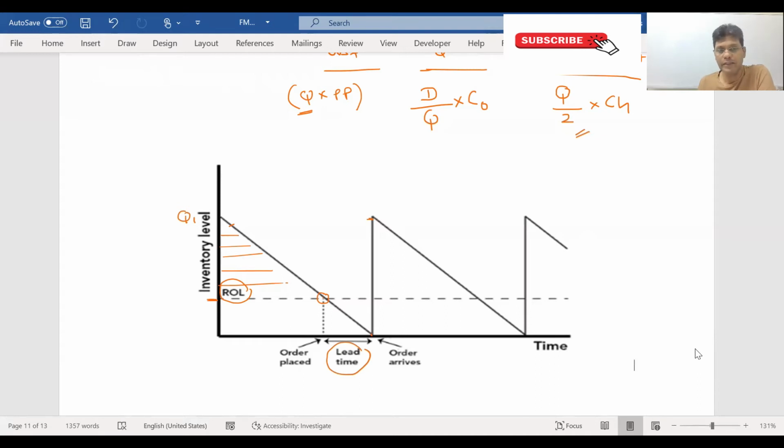So this is basically the stock consumption. We don't maintain the same stock quantity over the period. Therefore, with the consumption, stock level will reduce.